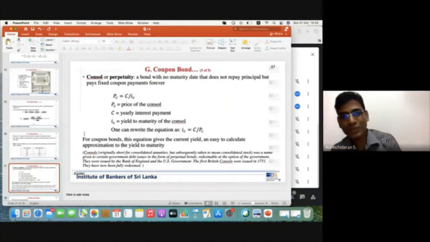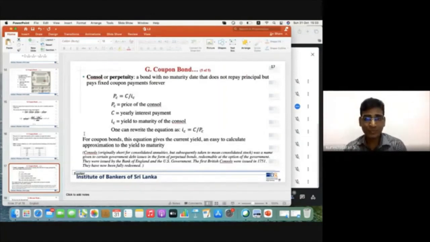Yeah. Now, what I want to say is, coming to the coupon bond again, some bonds have no maturity. So it's lifelong. Every year you will be getting a coupon, right? So if you don't have the maturity, how do you value that? How do we price that?